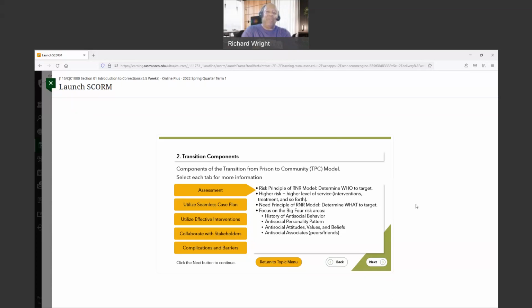We want to focus on the attitudes that are antisocial, their beliefs and values, and change them around so that they can operate in social values within the community. We want to take them away from associates, peers, friends, and so forth, who will put them in a light so that they will stay in trouble.